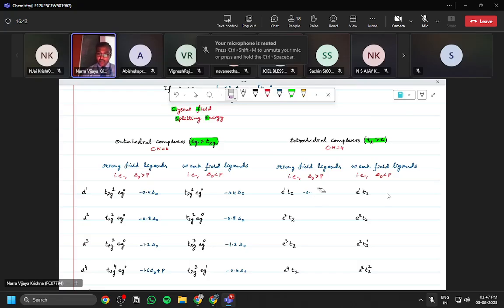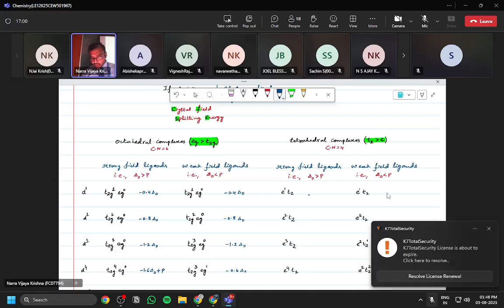Minus 0.6. Delta T can be written as 4/9 times delta naught. So total value minus 2.4/9 delta naught. So let me write the same: minus 2.4/9 delta naught. Are you able to understand why I'm writing in this way?